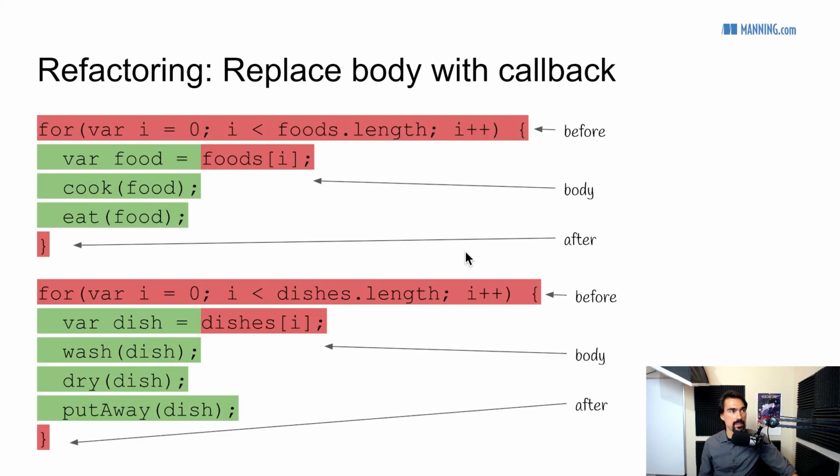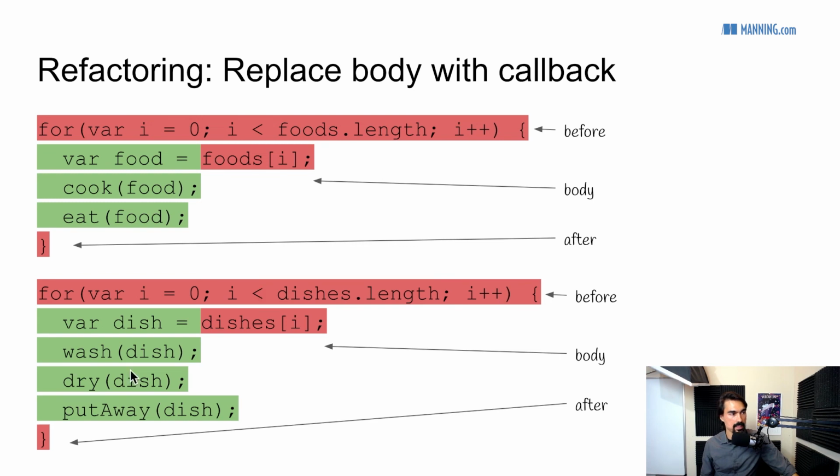Well, there's a refactoring called replace body with callback. We're going to name the parts. There's the before part, which is the meat of that for loop. There's the closing brace, that's the after. And inside, there's the body. So the before and after are red and the body is green. Notice if we ignore the name of that array, the befores and the afters are the same.